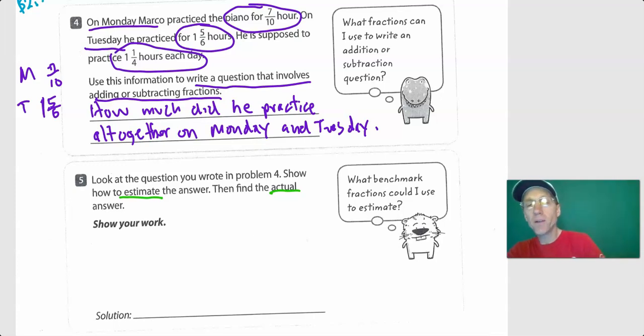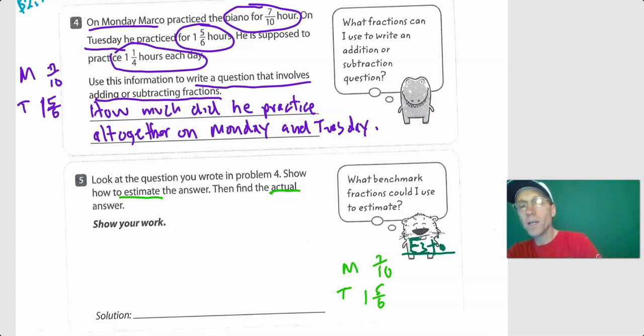So let's come down here, and let's do Monday. You practiced 7/10. Tuesday, we said it was 1 5/6. Let's round these numbers and estimate. I'll write EST, period.